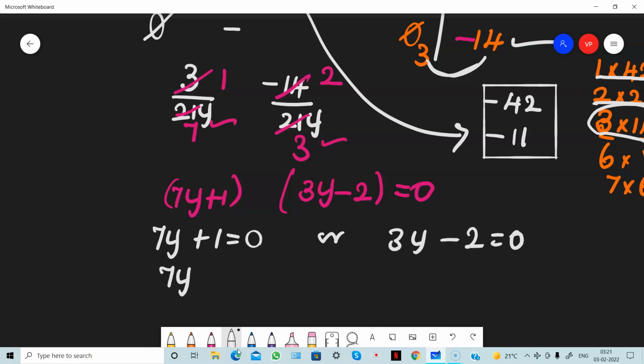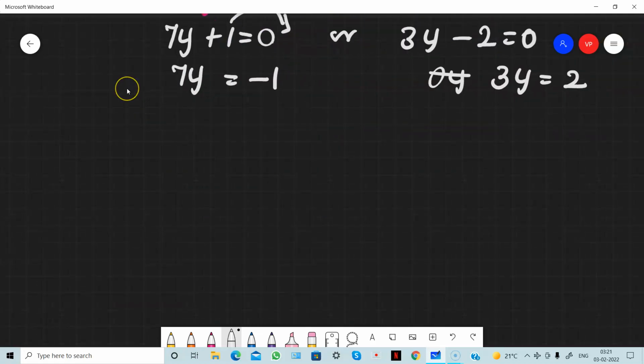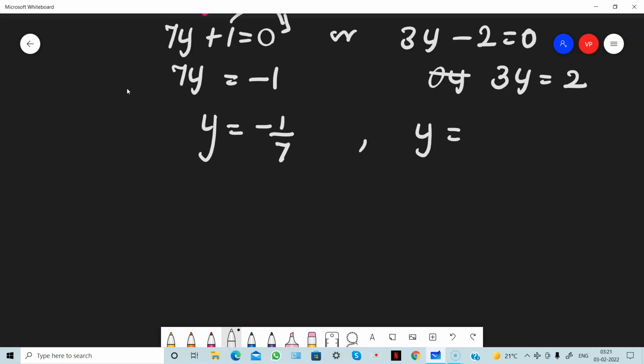Here you transpose minus 1. Negative 2 will go to the other side and it will become positive. So what is the next step? y is equal to negative 1 divided by 7. The next one, y is equal to 2 by 3. So we have two zeros, right?